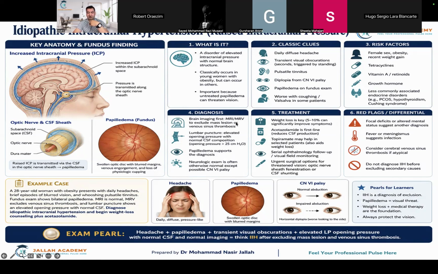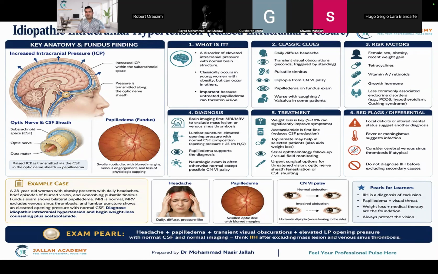Diagnosis: brain imaging first, MRI, MRV, to exclude mass lesion or venous sinus thrombosis. Once they are ruled out, then you can do the lumbar puncture, showing elevated opening pressure with normal CSF composition. Opening pressure will be more than 25, or they may even do it and mention it in the scenario. For example, a 35-year-old female, let's say 100 kg, or BMI let's say 30, and the patient has headache.